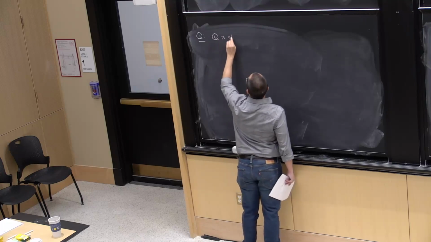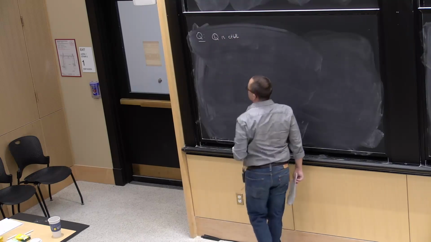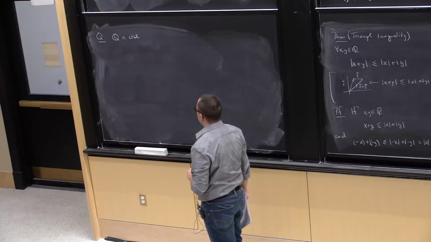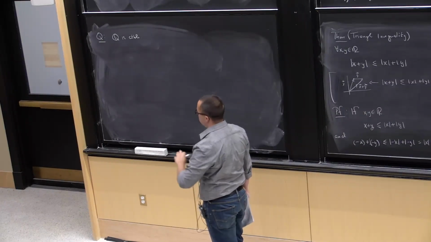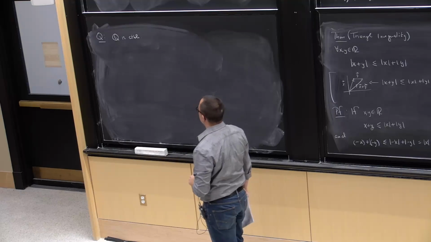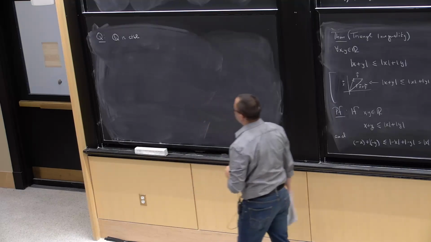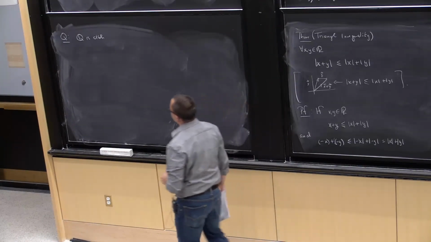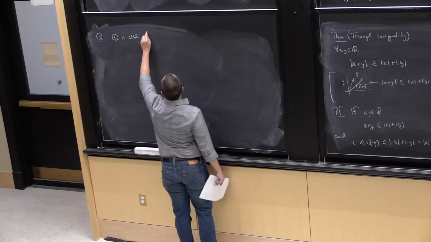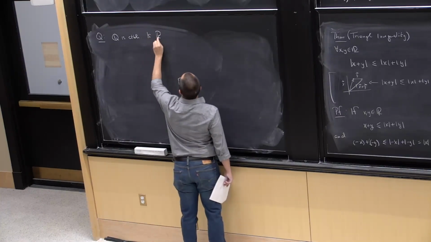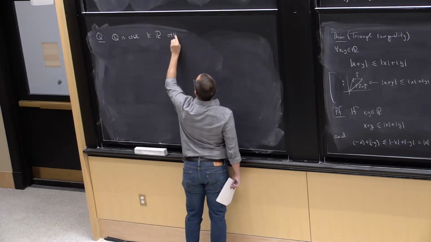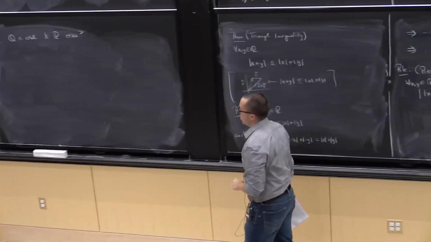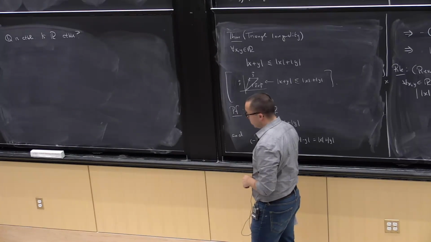This first part is not a question. We've already addressed in the first assignment the fact that the rationals are countable. In fact, you did it for the positive rationals, but if the positive rationals are countable, you can then prove that all rationals are countable. And a natural question is, is R countable? Or is the set of real numbers countable?